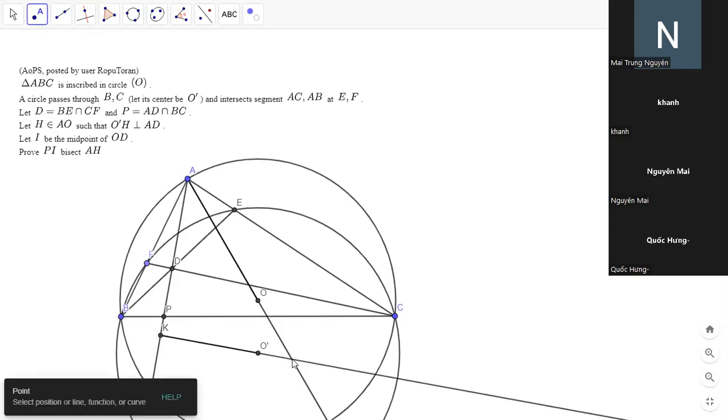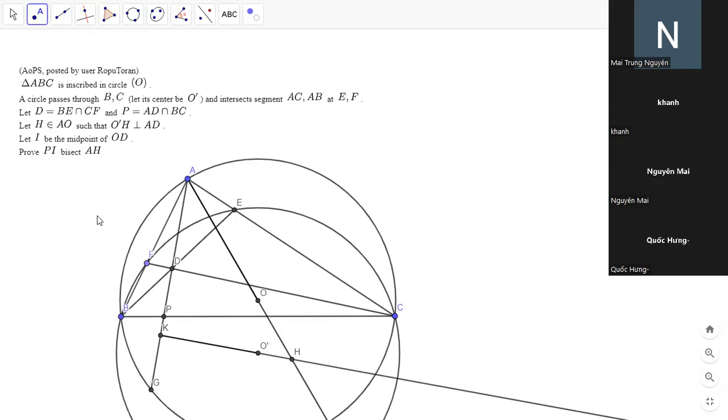So this is H. And I is the midpoint of OD.